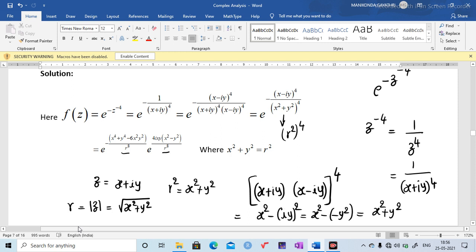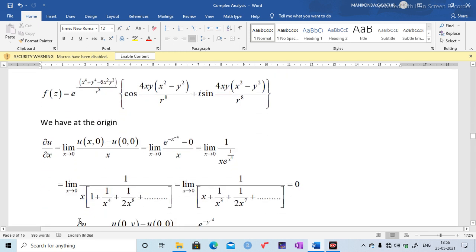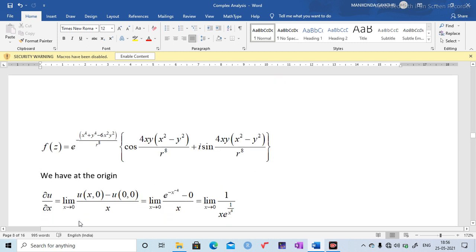Here I am getting this numerator by using the a minus b whole power 4 formula. So the real part is as it is. Observe e power i into some fraction is there. We know that e power i theta equal to cos theta plus i sin theta. That's why I am writing like this.